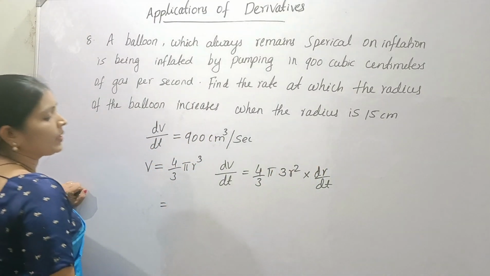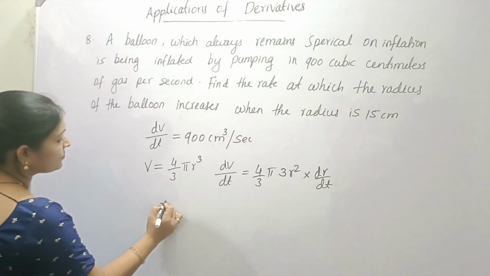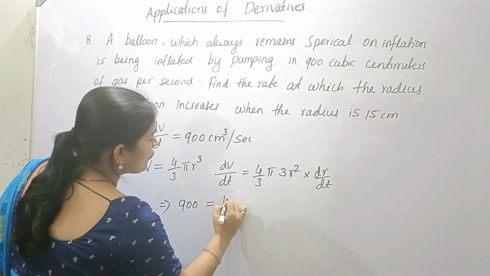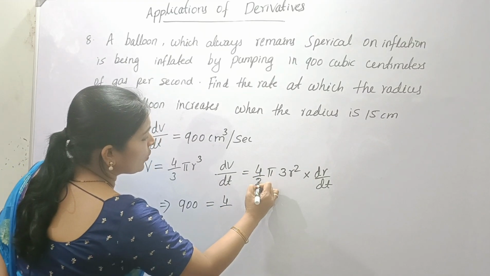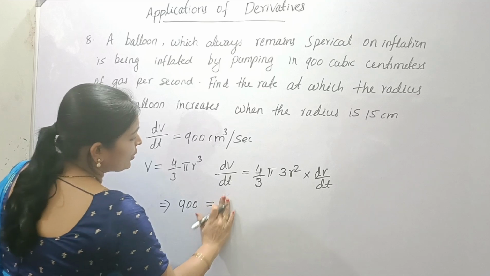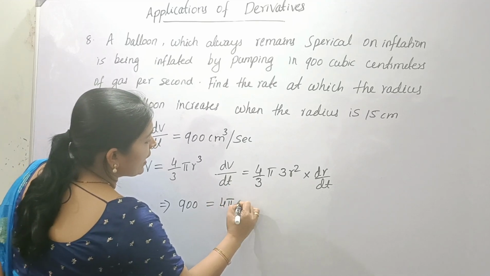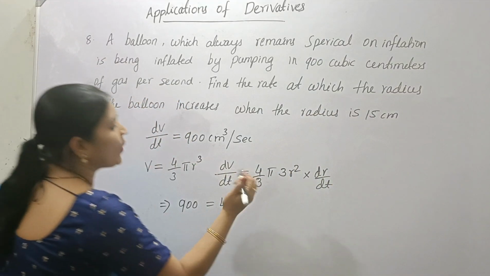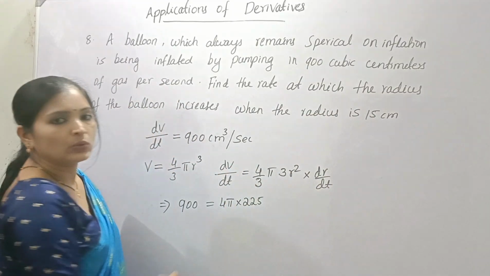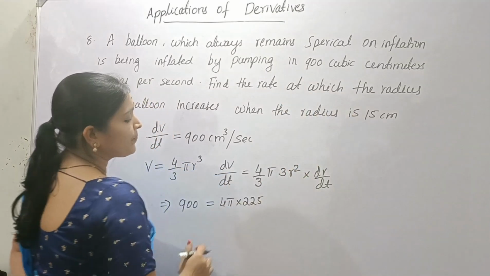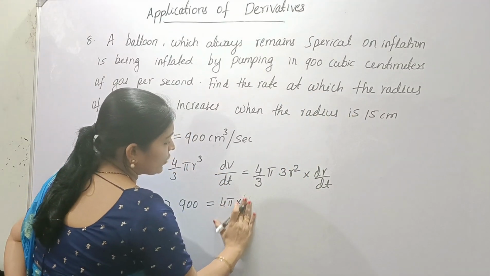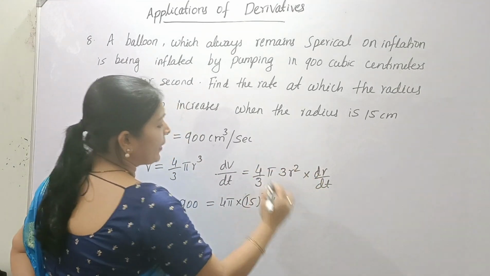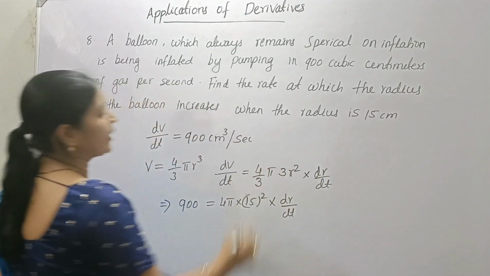Now, let's substitute. dV by dt is 900, equal to 4 by 3 into 3 cancelled, so 4 pi into r square, when r is 15 centimeter, so 15 square, into dr by dt, that we have to find.